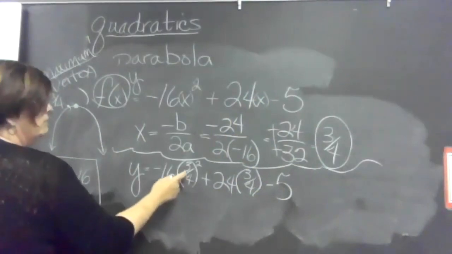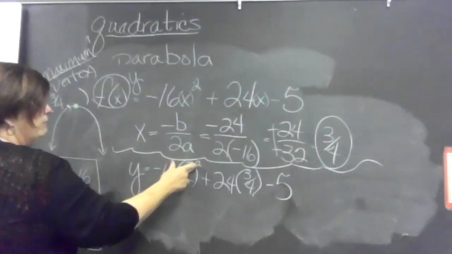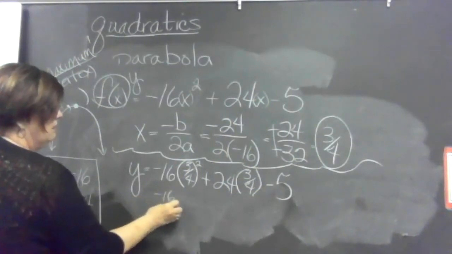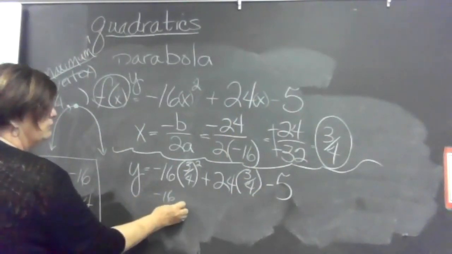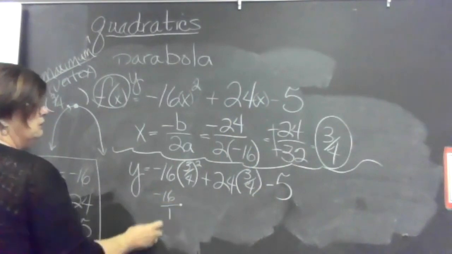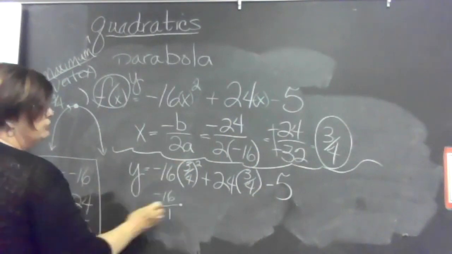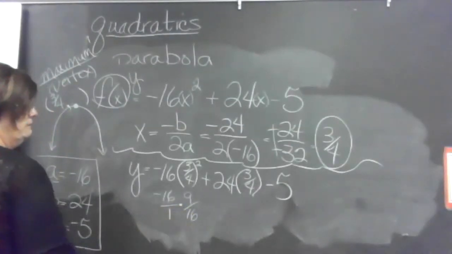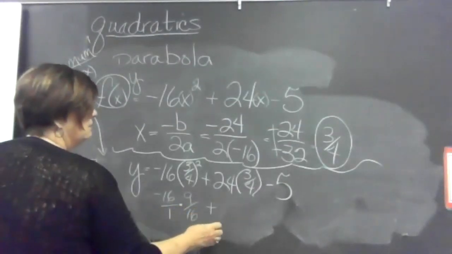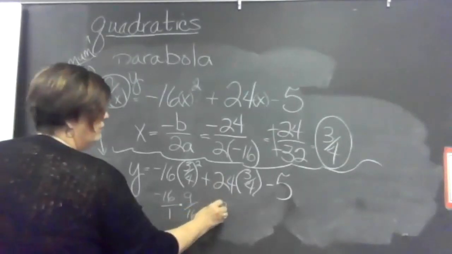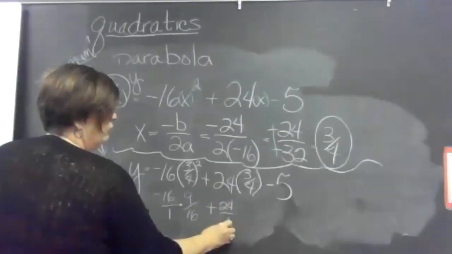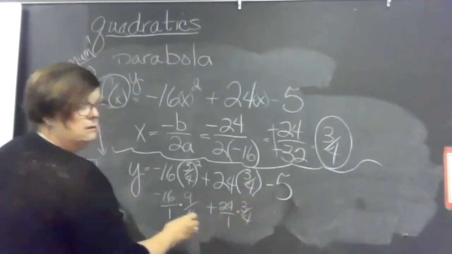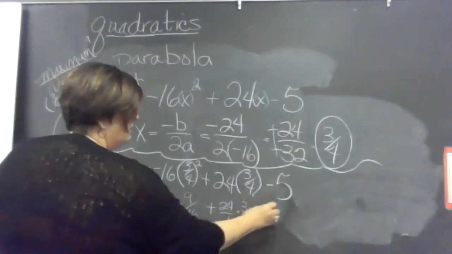Here we have to square first before we do anything. So we have negative 16 over 1 because we're going to multiply by a fraction. When you square 3/4, you have 9 over 16. And then plus 24 over 1 times 3/4, minus 5.